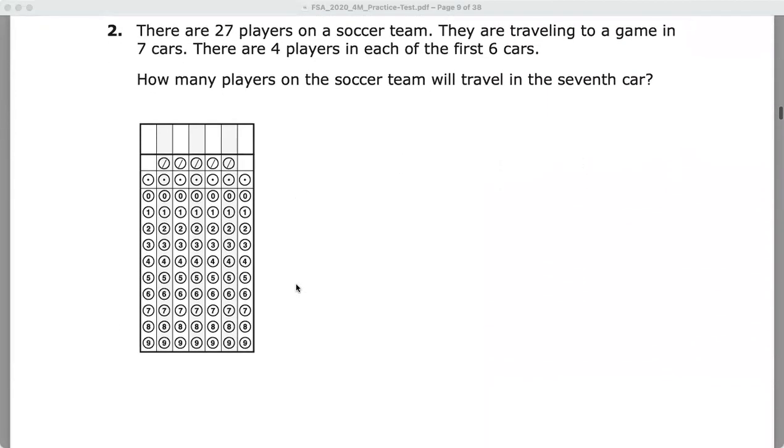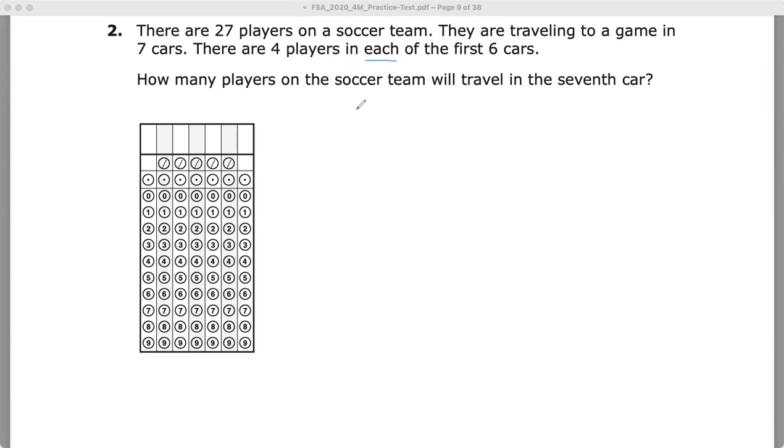Okay, there are 27 players on a soccer team. They're traveling to a game in 7 cars. There are 4 players in each of the first 6 cars. How many players on the soccer team will travel in the 7th car? So we know that there are 4 players in each of the first 6 cars. So each means to multiply.